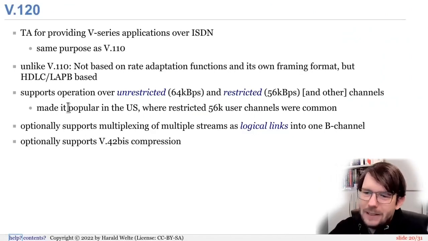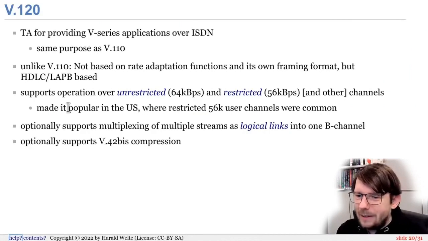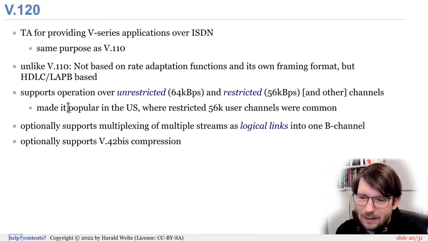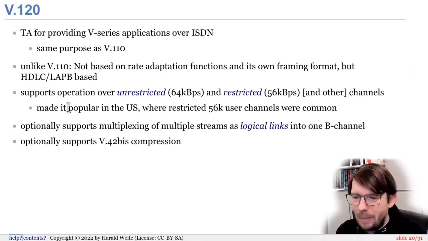And V.120 now combines a bit of both worlds. So V.120 is a protocol for terminal adaptation of a serial port of a UART. But internally, it doesn't use this kind of bitstream and rate adaptation approach of V.110, but it uses an HDLC-based frame format for transmitting those frames over the ISDN B-Channel.